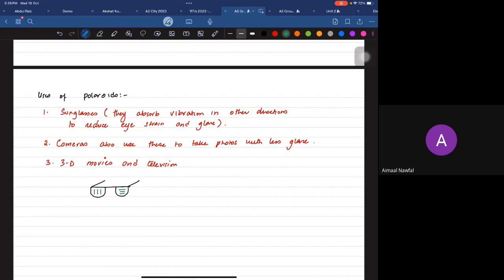So if you wear the glasses, one of your eyes looks at one image, and the other eye looks at a different image, at a certain different angle. So you feel that it's creating that depth. Do you get it? Yes. Without the glasses, you can't see that movie properly.